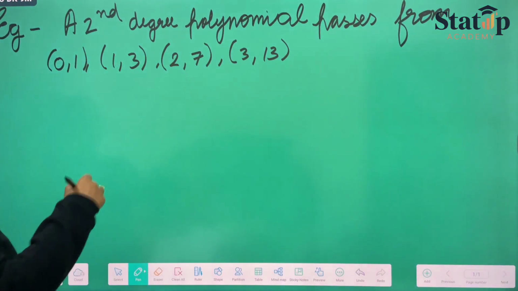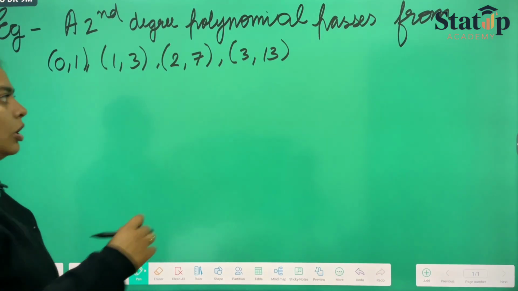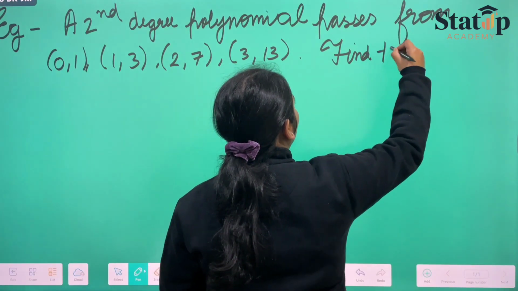These are the 4 points that the second degree polynomial passes through. Find the polynomial. We have to find the polynomial.